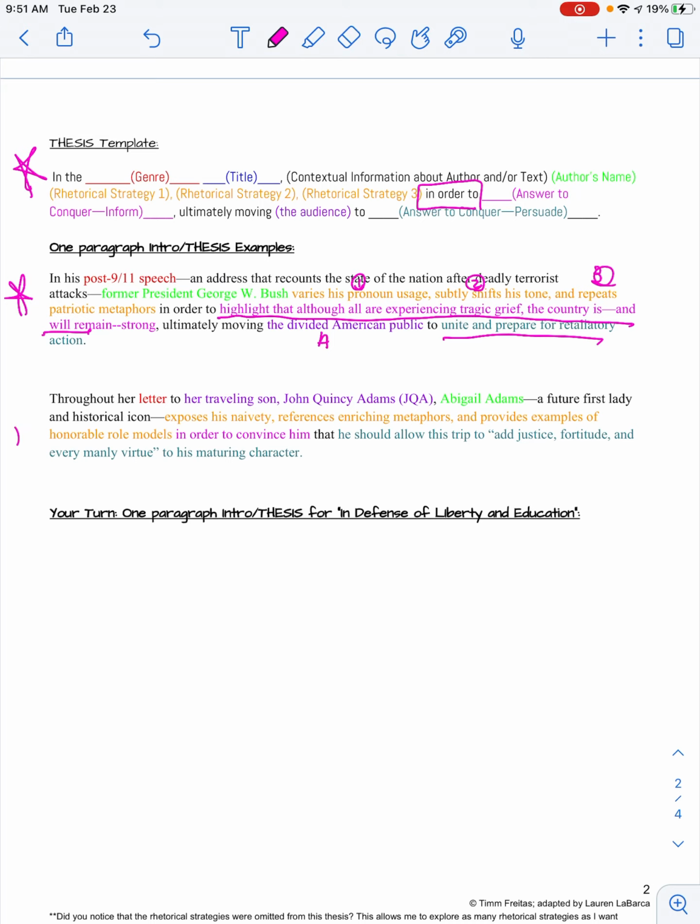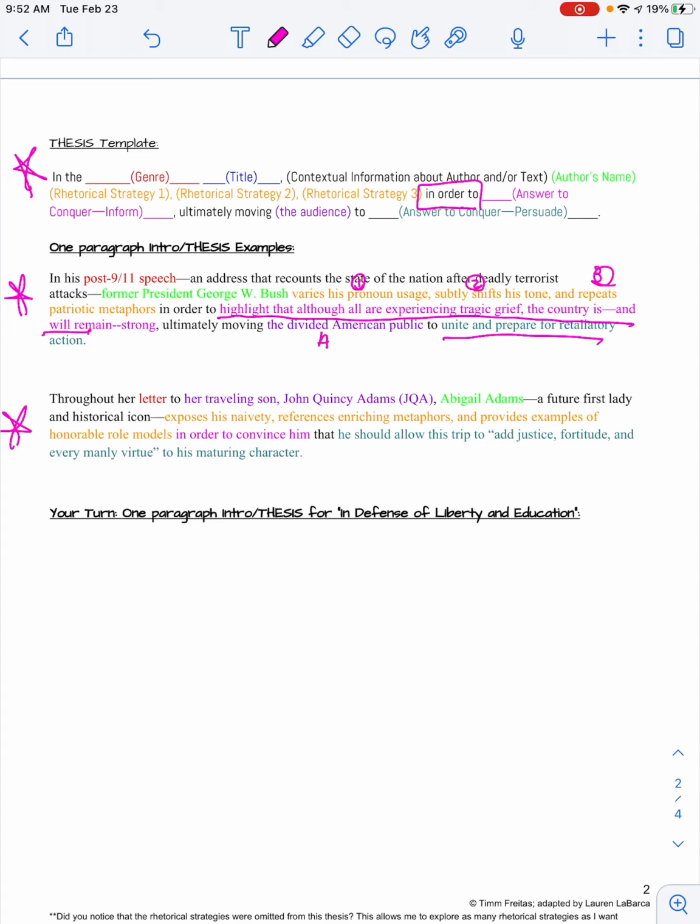The second one we have also done from the beginning of the year. We read a letter from Abigail Adams to her son. So here it is. Throughout her letter to her traveling son, John Quincy Adams, Abigail Adams, a future First Lady and historical icon, exposes his naivety, references enriching metaphors, and provides examples of honorable role models in order to convince him that he should allow this trip to, quote, add justice, fortitude, and every manly virtue to his maturing character.